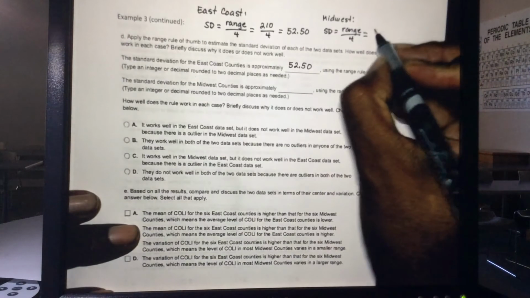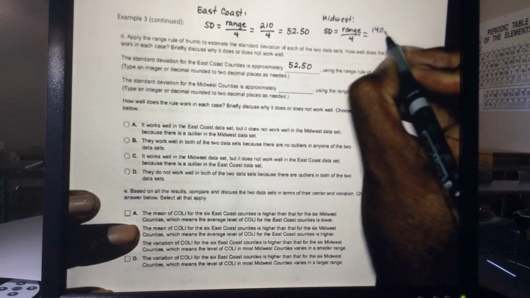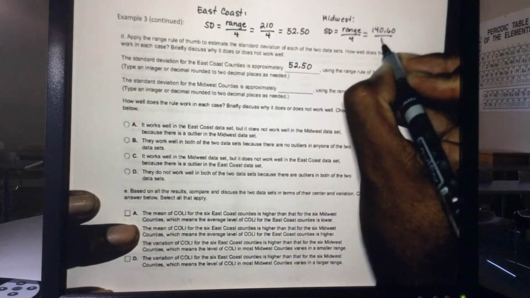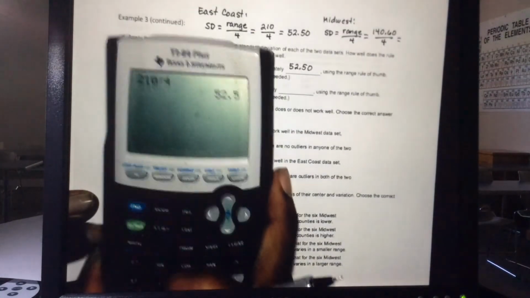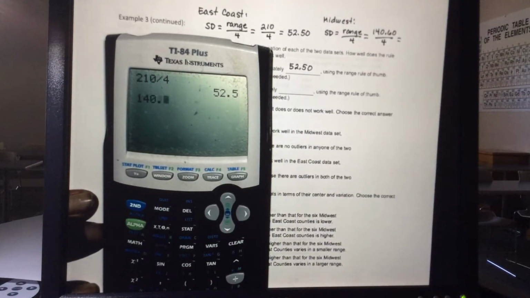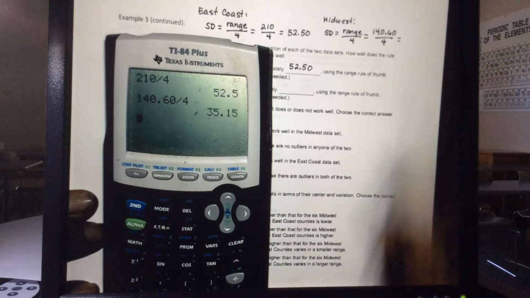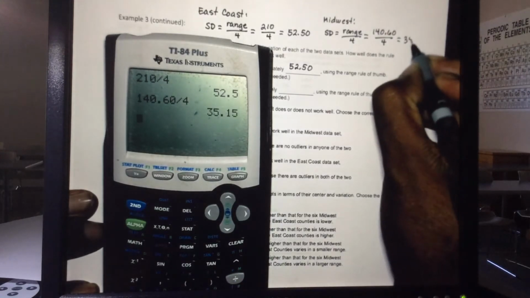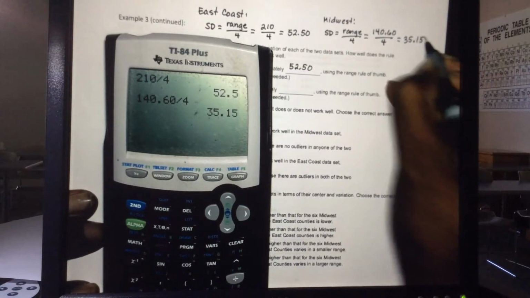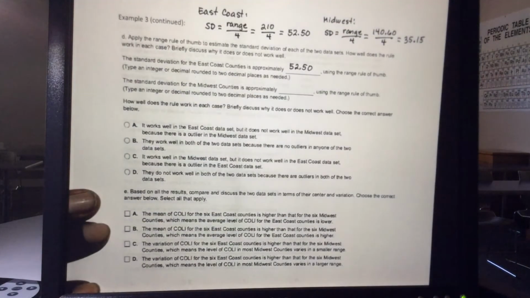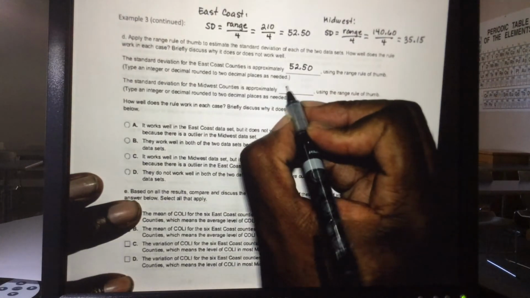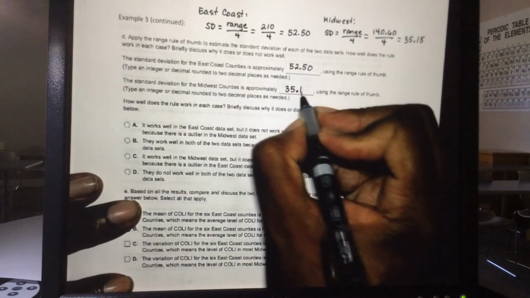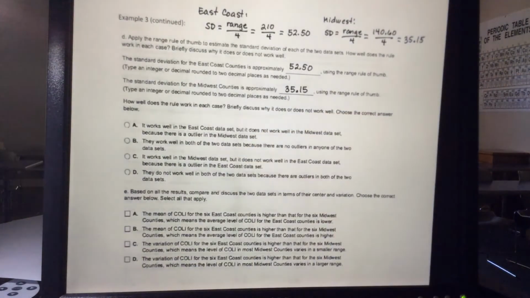So let's take 140.60, divide that by 4. That'll be 35.15. So your standard deviation of your Midwest counties is 35.15.